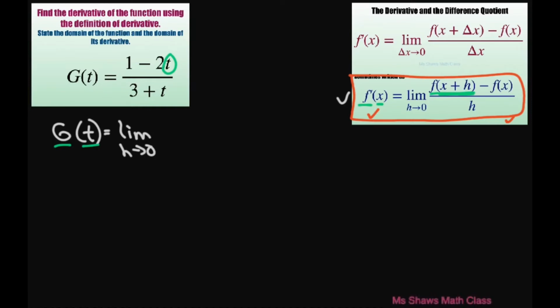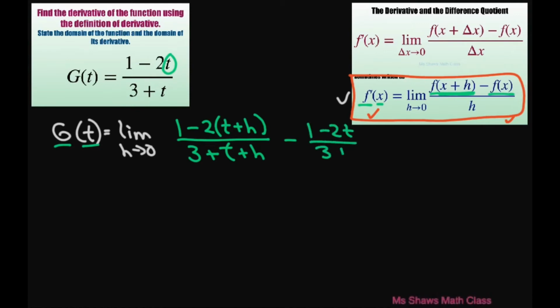So this is going to be 1 minus 2, and then we're writing t plus h instead of the x, and in the denominator we have 3 plus t plus h. I'll just put t plus h because we don't need parentheses there. All right, minus your whole function. So that's just going to be 1 minus 2t divided by 3 plus t. And this is all divided by h.